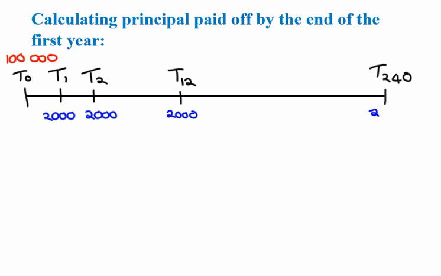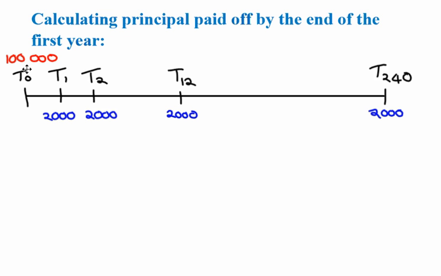Now what we need to do is calculate our principal paid off. The principal amount paid off at T12, that's the end of the first year, is simply the amount by which the original loan, that's 100,000, has been reduced from T0 to T12.